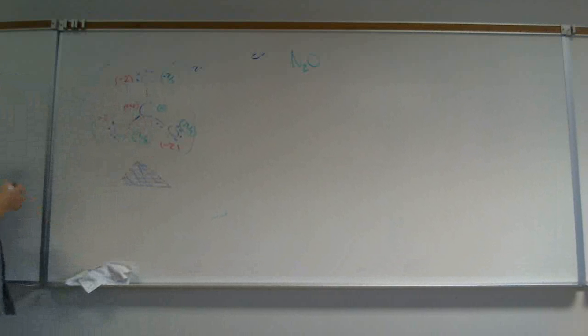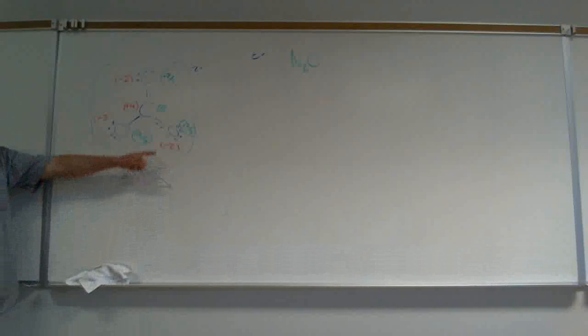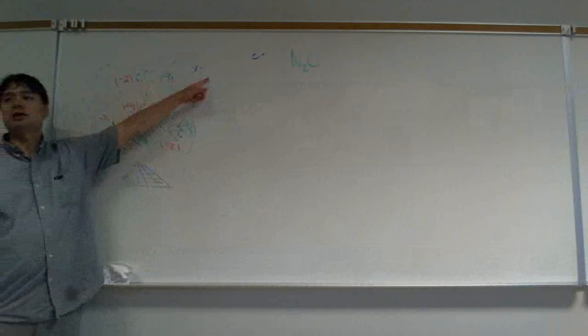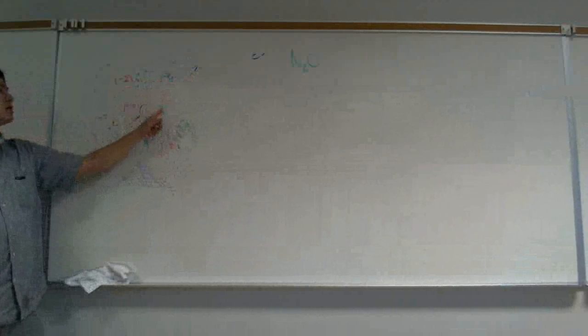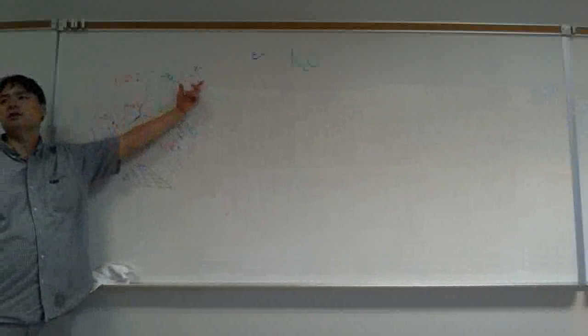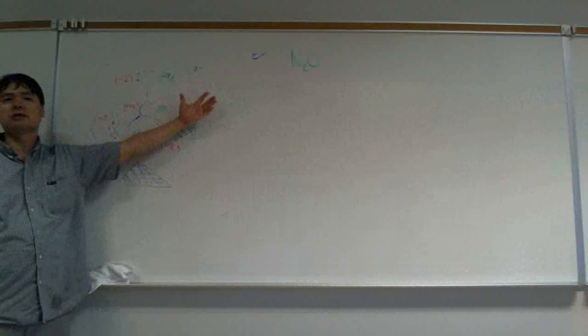And so take a look. When you sum up the oxidation states, we get the net charge. When we sum up the formal charges, we get the net charge. And so the net charge is either the sum of the oxidation states or the sum of the formal charges.